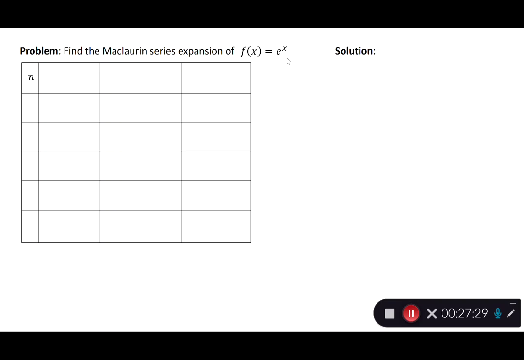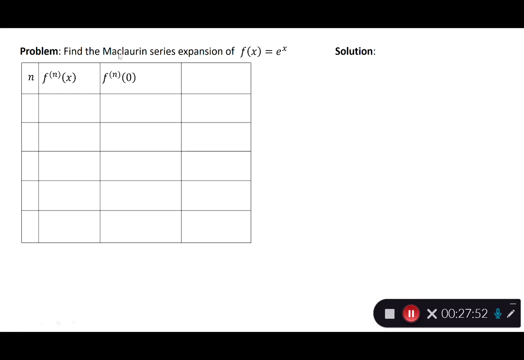What do I mean by that? Make the first column be n. The second column should be f to the n of x. And the third column is f to the n evaluated at 0. If you're talking about Maclaurin, evaluate it at 0.